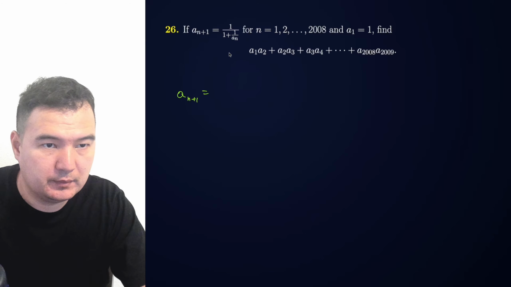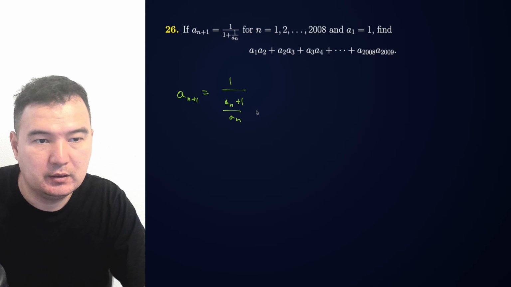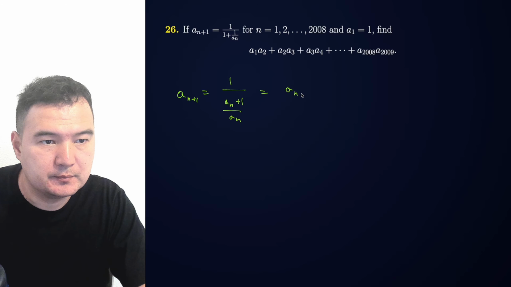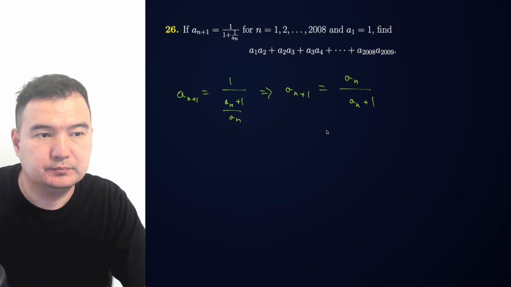If I do the common denominator, it will be an plus 1 over an, right? Or this flips the fraction. So an plus 1 is equal to an over an plus 1.